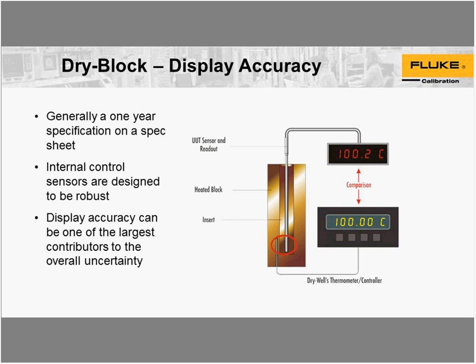Again, things can change with time and also handling. So a good practice is to put some sort of QA process in place so you don't send it off for recertification and then discover at that time you've had an issue that you were not aware of. Internal sensors of the dry wells are designed to be robust and have a low drift.